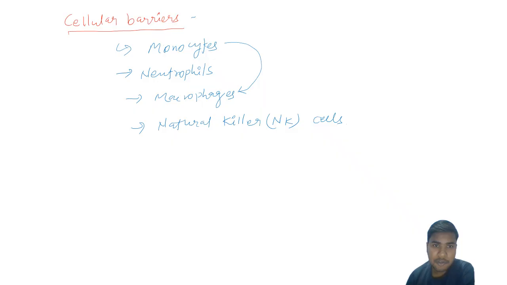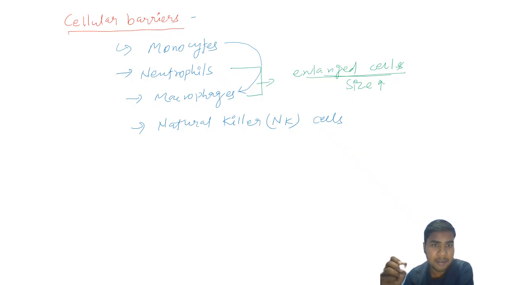And these neutrophils and macrophages are basically enlarged cells. Their size is very big compared to normal cells. Their mechanism of action is phagocytosis.